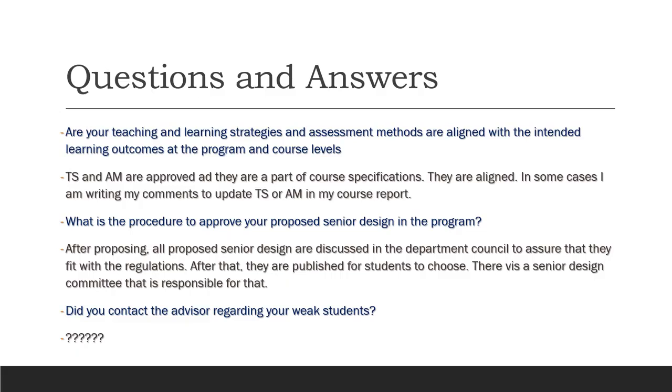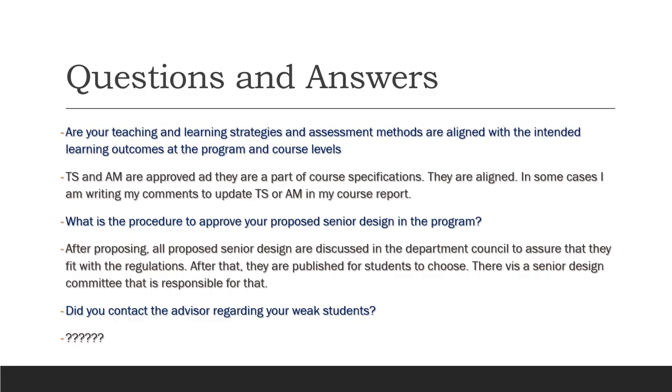But in some cases, if you have some comments, and when you implemented these strategies you faced some problems in the implementation, or you faced some teaching strategies or assessment that are not consistent with the program learning outcomes or with the contents, in this case, you can write your comments and recommendations in the course report in order to enhance or update the teaching strategies or the assessment methods.